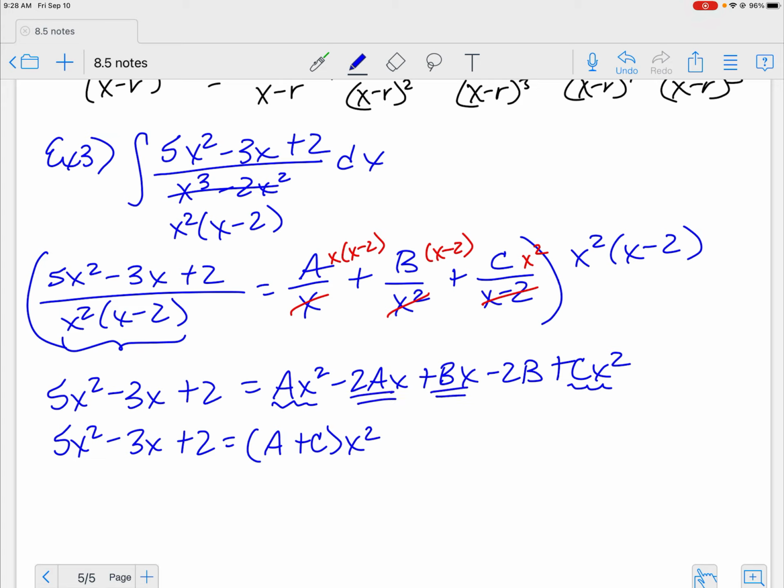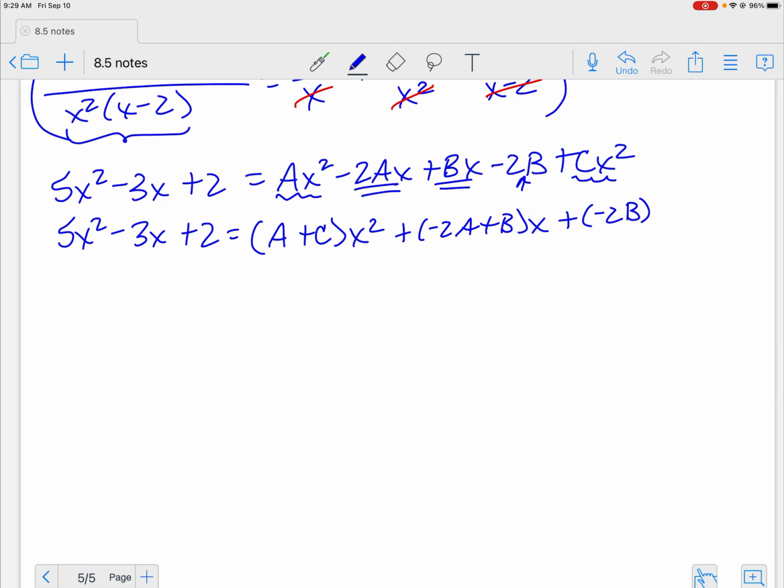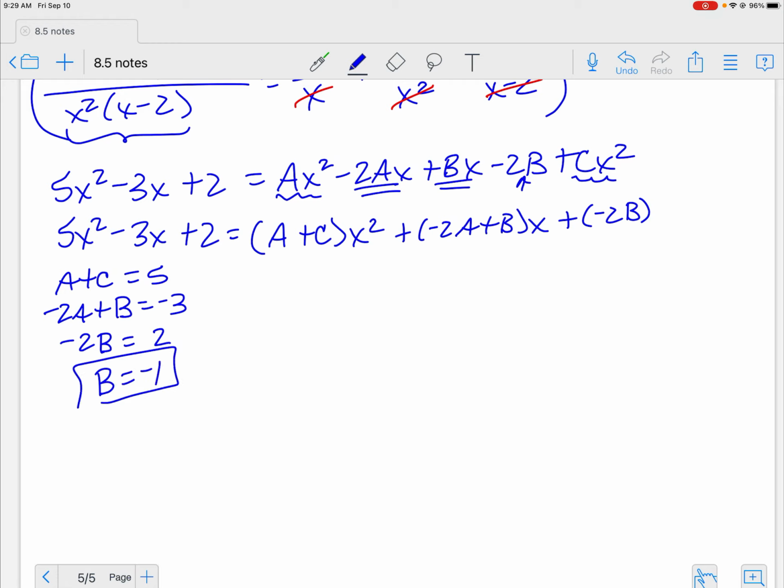You've got your x here, so negative 2A plus B is the coefficient of x. And then lastly, you've got your negative 2B as your number. So A plus C is equal to 5 because that's the coefficient of the squared. Negative 2A plus B is equal to negative 3. And negative 2B is equal to 2. So that's amazing, right? We love it when we have that single one.